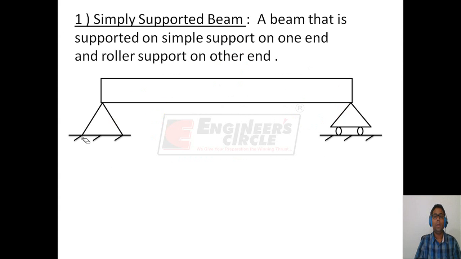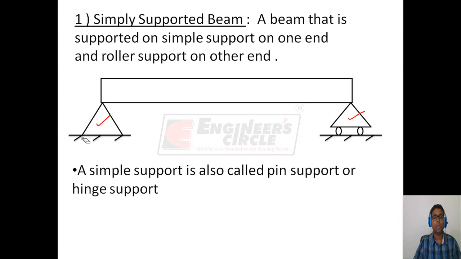A simply supported beam is one which is supported on a simple support on one end and a roller support on the other end. So this is a simple support and this is a roller support. A simple support is also called a pin support or a hinge support.